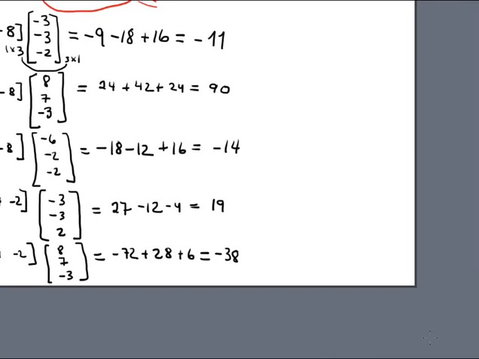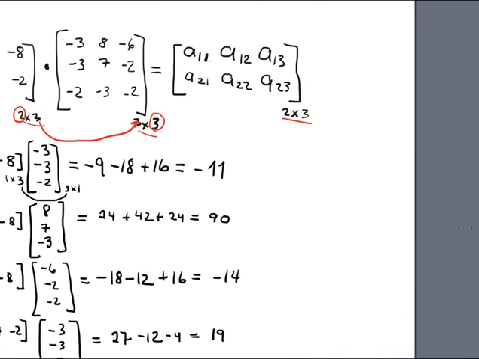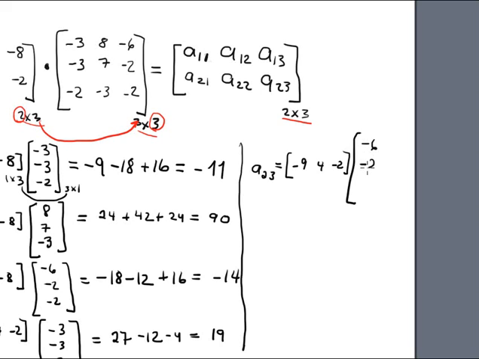Let me try to do the last one here. The last is A23. That's multiplication. The second row of the first one is negative 9, 4 and negative 2, times the third column of the second, negative 6, negative 2 and negative 2 again.